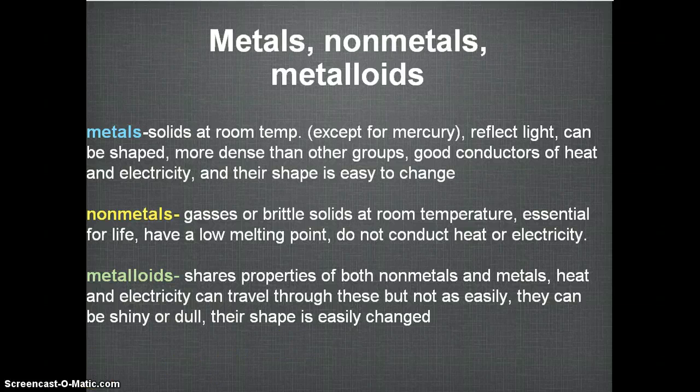Okay, so that wraps up Goal 1 for chemistry. You need to make sure that you have an understanding of how to get the number of protons, number of electrons, and number of neutrons for each element. You need to know the atomic number and the atomic mass for each element. You need to be able to read the periodic table and know what it is telling you.